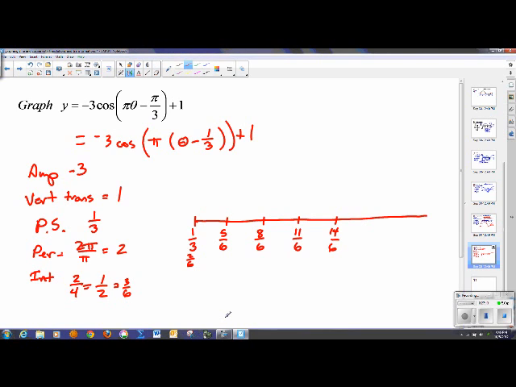Now, in this case, I have a vertical translation of 1. So this yellow dotted line will reflect the midline, which is happening at 1. From that 1, I'm going to be moving up and down 3. So I'll go up 3, which puts me at 4, and down 3, which puts me at -2.